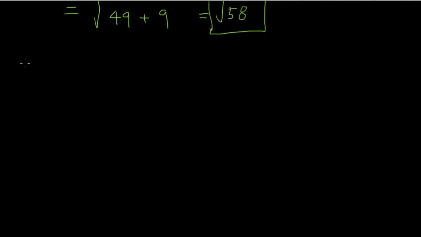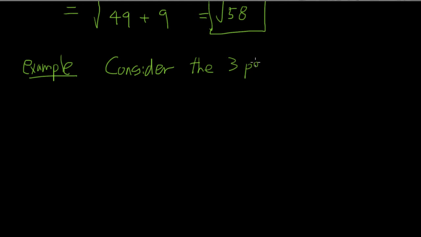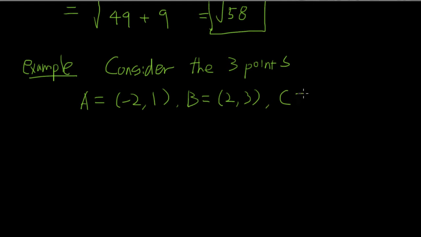So, example, consider the 3 points: point A is -2 and 1, point B is 2 and 3, and point C is 3 and 1.